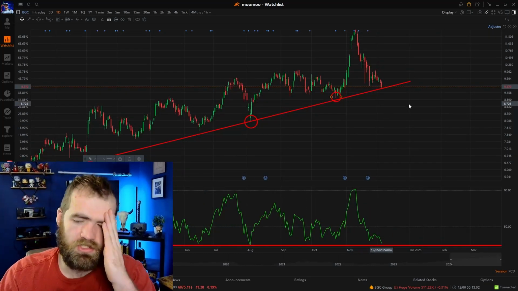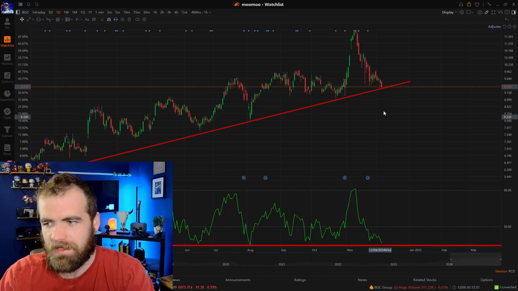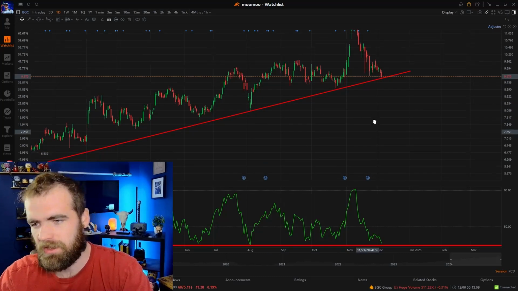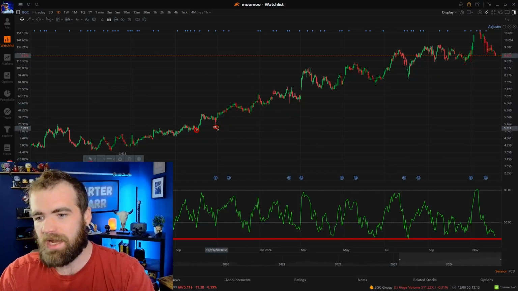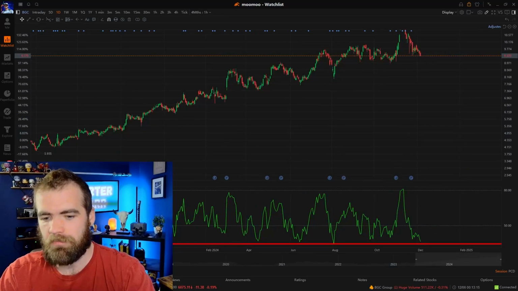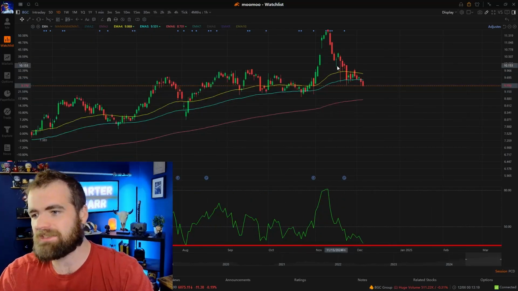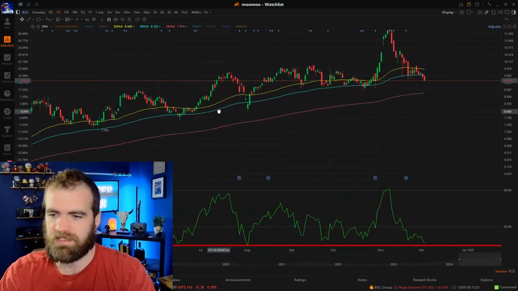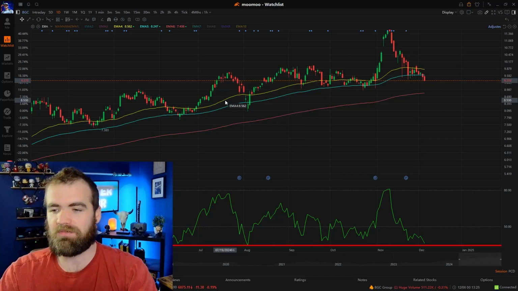Now looking at this, you go, okay, well, when should I buy it? Should I just buy it when this stock hits it right here? Well, you also want to look at some other indicators, and that's why I had those lines up. These other lines are called moving average lines. They act as support and they also act as resistance. We recently just added this yellow one, and this is the 50-day moving average line.